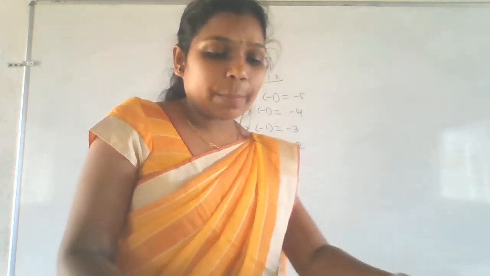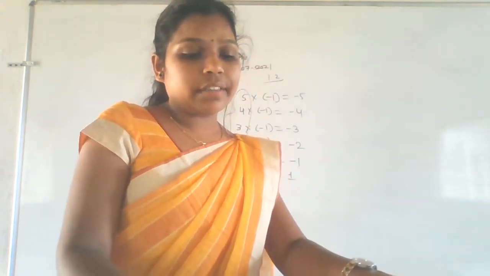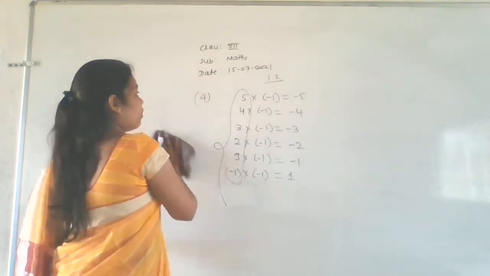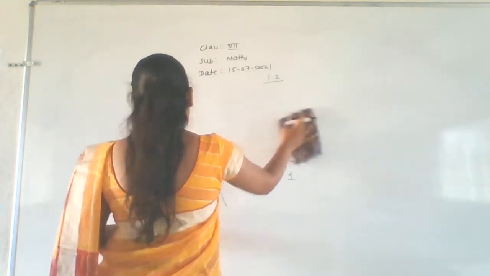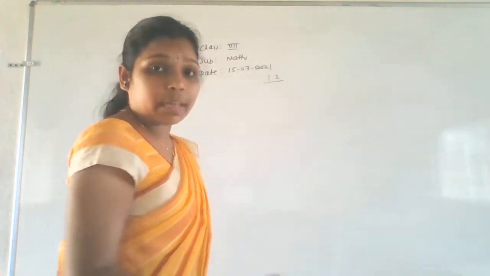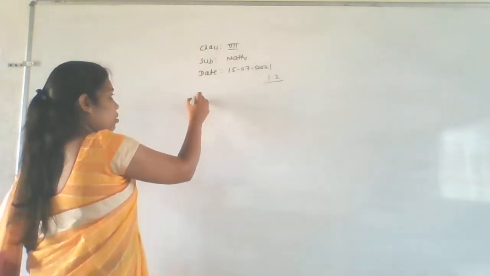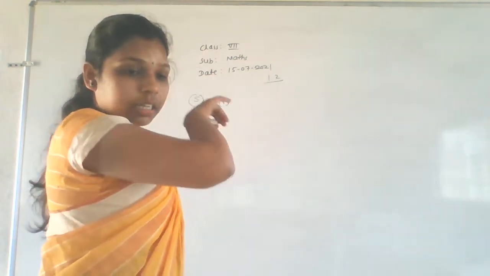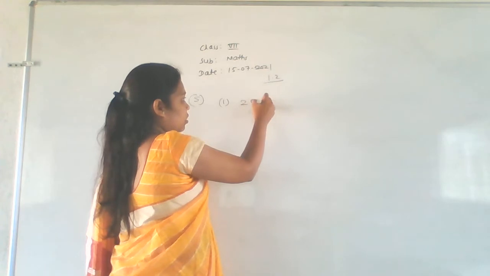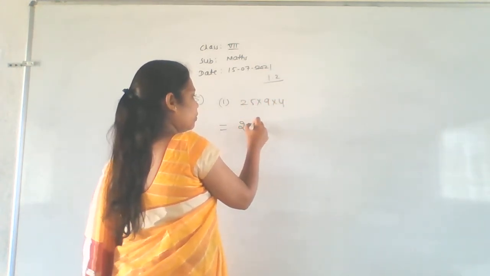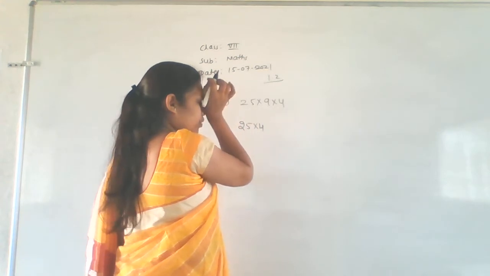Now we'll go for the fifth one. Find the product using suitable properties. Don't multiply directly, you have to use some properties here. Okay, so in the fifth main, the first one is 25 into 9 into 4, right? So here 25 into 4.